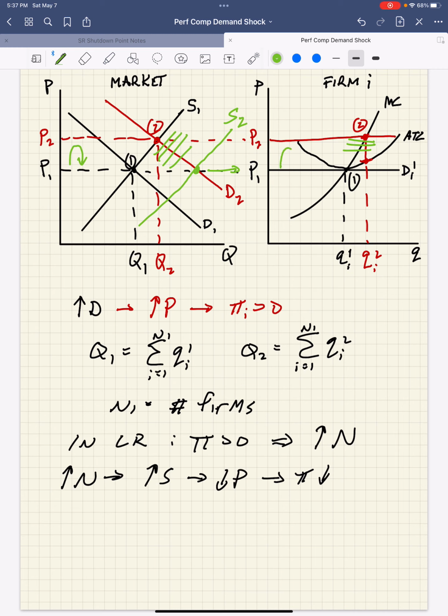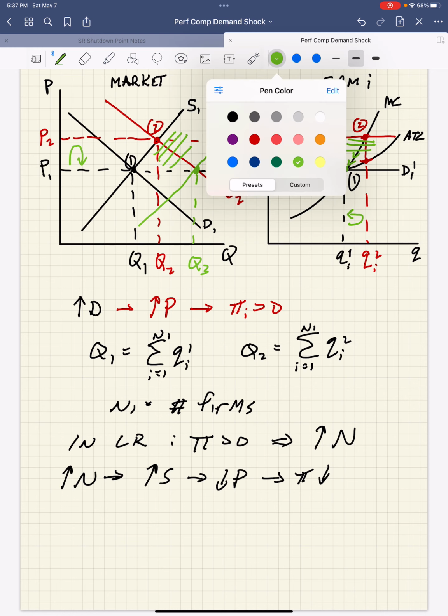So price goes up from P1 to P2, profit's positive, new firms come in, that pushes price back down. And as that happens, the firms are going to be producing back at their original point. So each firm produced more for a little while as price was higher, and then they came back down. But notice the total amount of output, due to the combination of higher demand and higher supply, is going to be all the way up here at Q3.